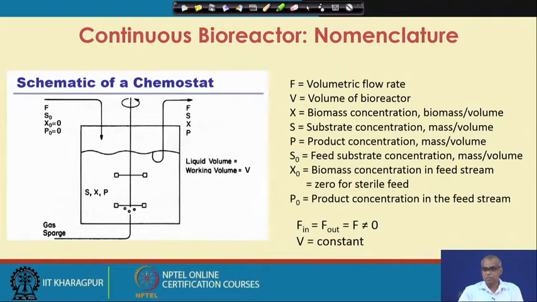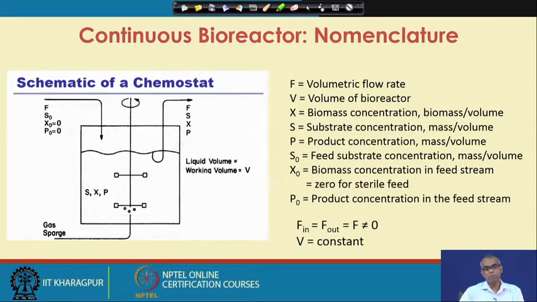So, let us look at the notations. In the schematic of the chemostat shown, F is the volumetric flow rate, V is the volume of bioreactor. So, the volumetric flow rate may be say liter per hour, meter cube per hour.